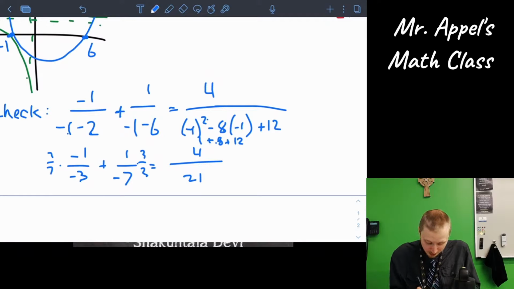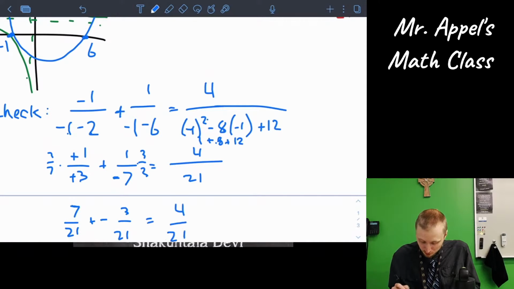So really I have negative over negative. This is positive. So I just have 7 21ths plus this negative, though, stays there. So negative 3 21ths.